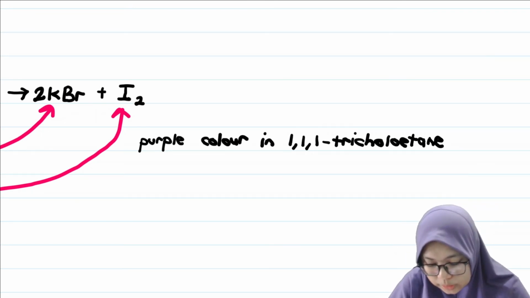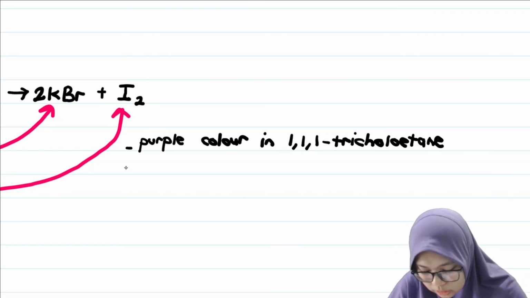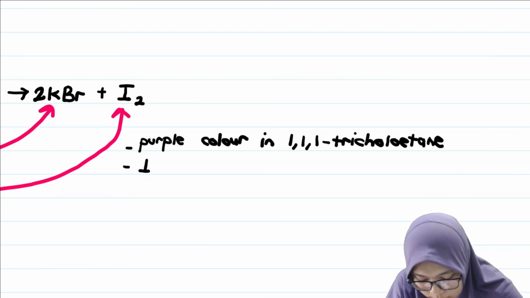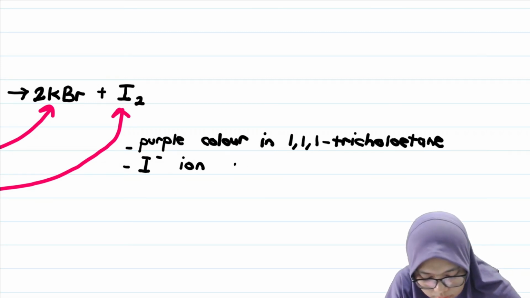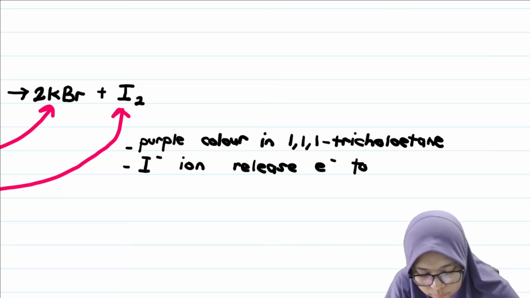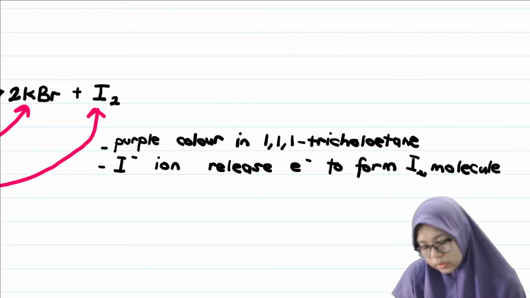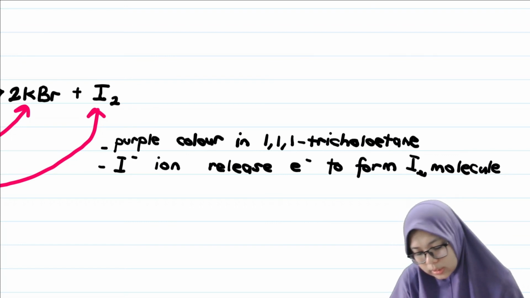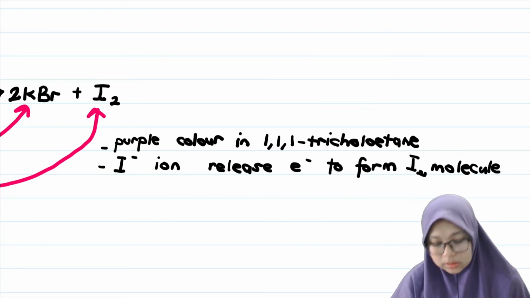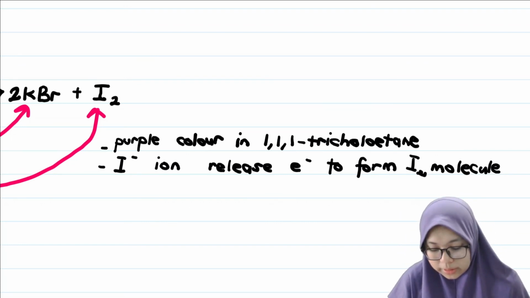Okay, so this is the observation. The inference will be the iodide ion releases electron to form iodine molecule. So this is observation, and the second row is the inference.